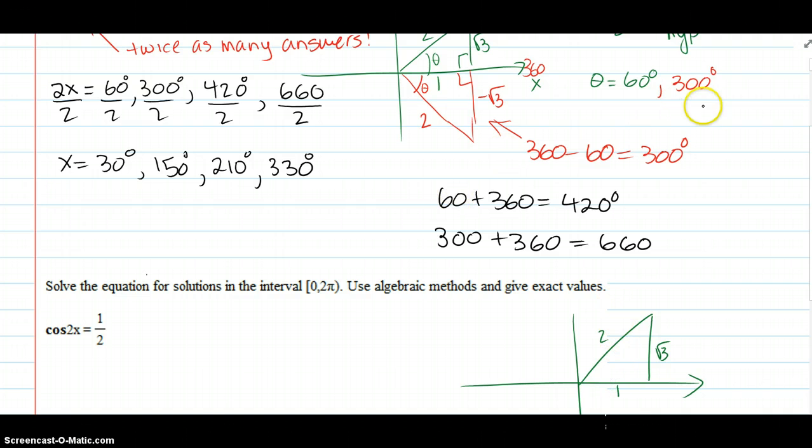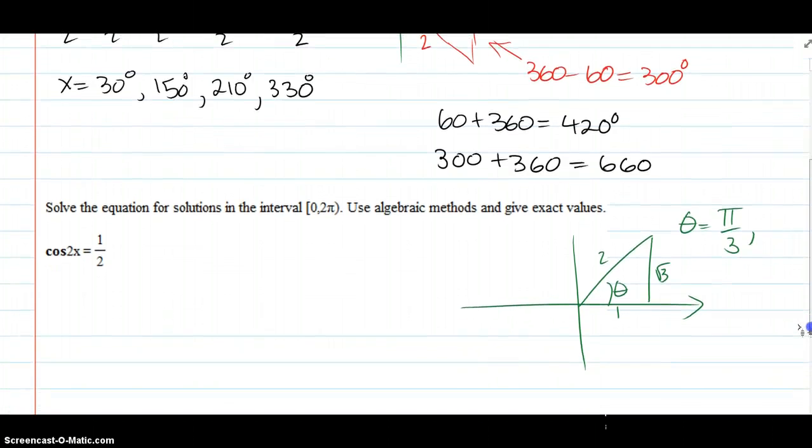Now, we had one answer with 60 degrees up here, so now theta is going to be pi over 3, because if you multiply 60 by pi over 180, that gets you pi over 3. That's what 60 degrees is in radians.